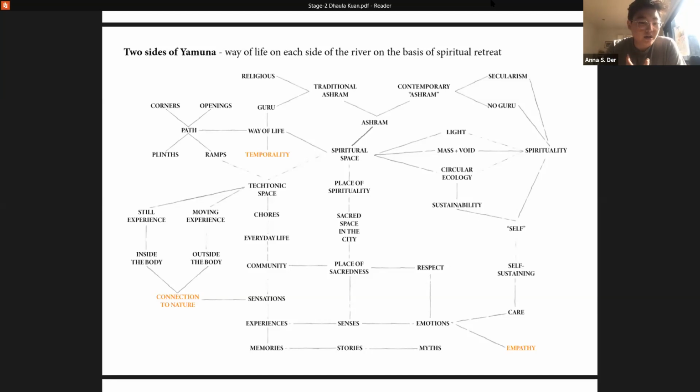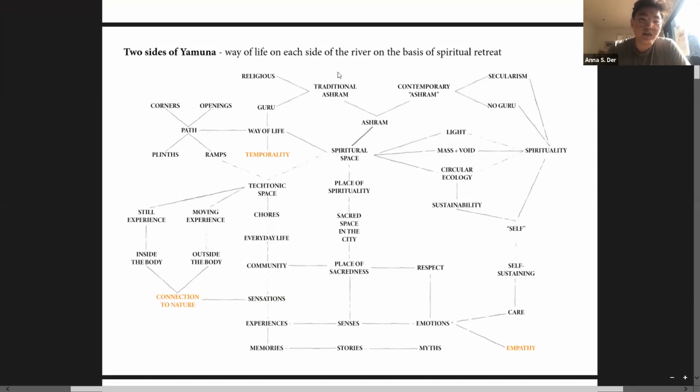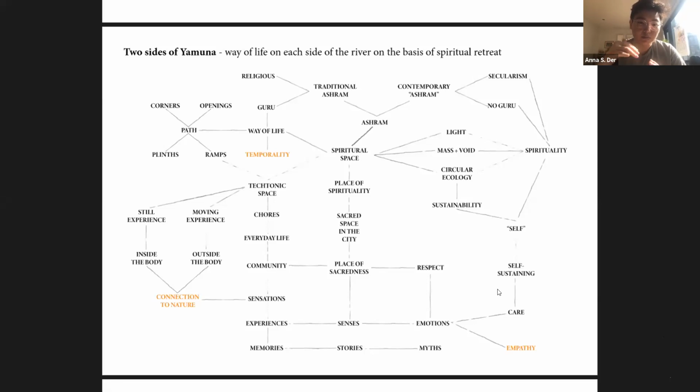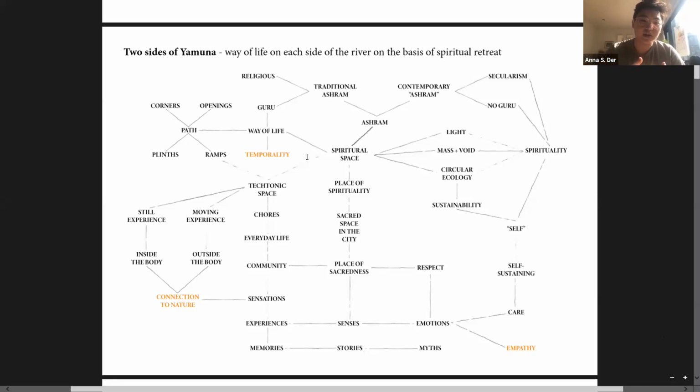From the core values that we received from the group before us, the core values that we could reduce from their document were temporality, connection to nature, and empathy. From there, we began to map what was going on in our minds. A very key idea that we had was a sacred space in the city. We felt that all of the core values somehow surrounded this idea of sacredness, spirituality, connection. From there, we diverged into two different ways, places of spirituality and places of sacredness.